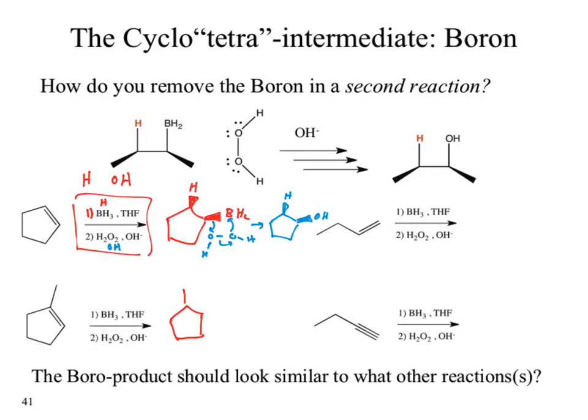If we remember that our boron is what's acting as the electrophile, the partial negative carbon is going to come out and react, which means the end result is that we're going to put our hydrogen at the more sterically hindered site.